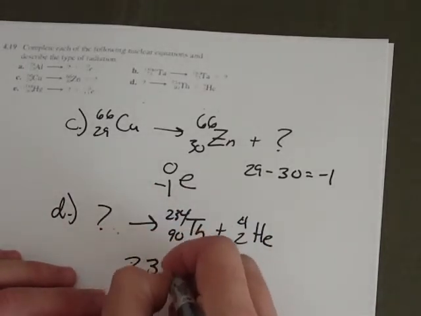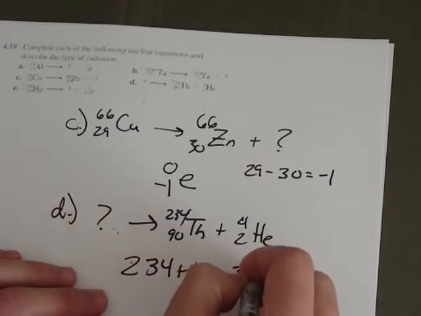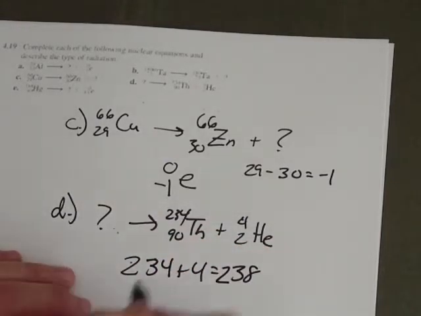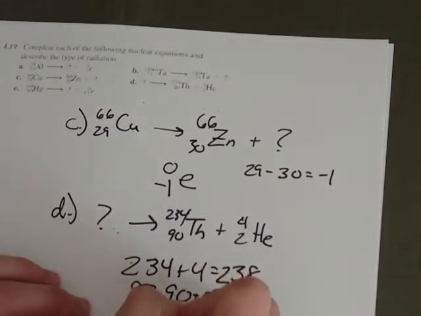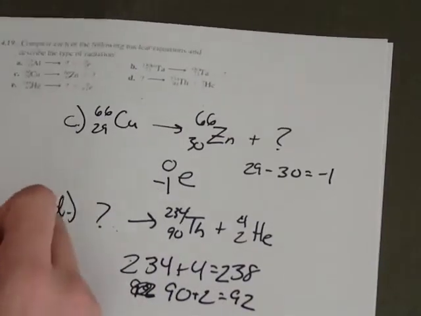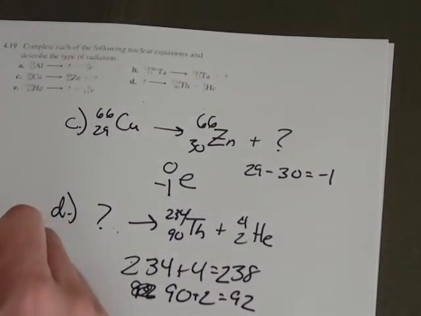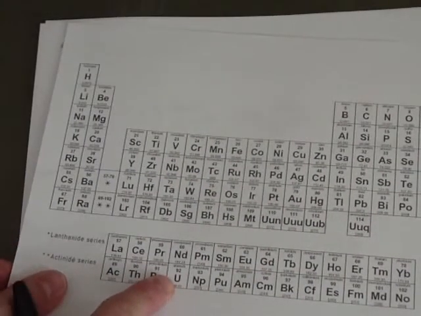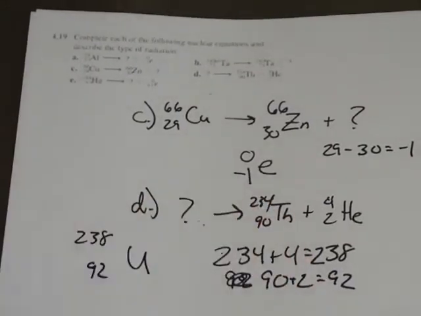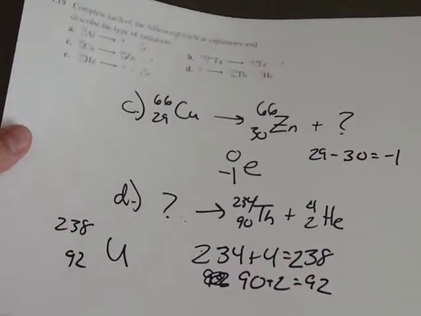So 234 plus 4 is equal to 238. Then the atomic numbers need to add up, so 90 plus 2 is equal to 92. So we have 238, 92. We go to the periodic table and find 92, and we find uranium 238. So just make sure you balance out the mass numbers and atomic numbers on both sides of the equation.